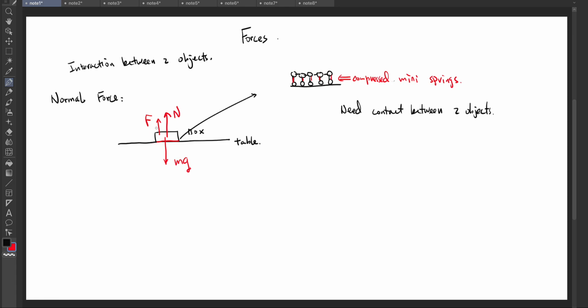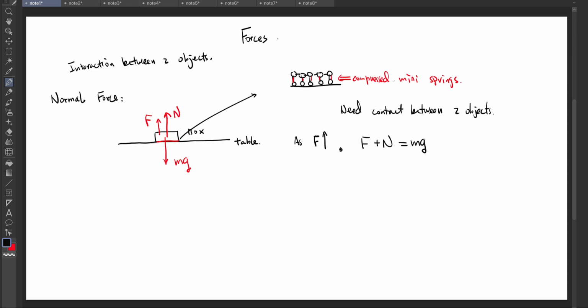And when this F increases, so as the pulling force increases, okay, since the box is still stationary, still at rest, the pulling force plus normal force equals gravity.